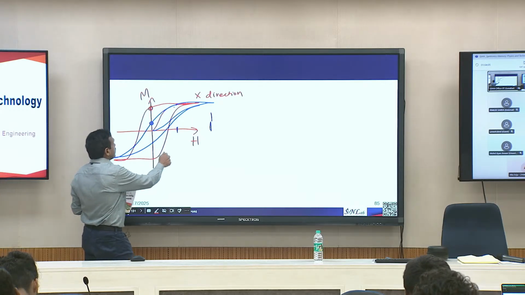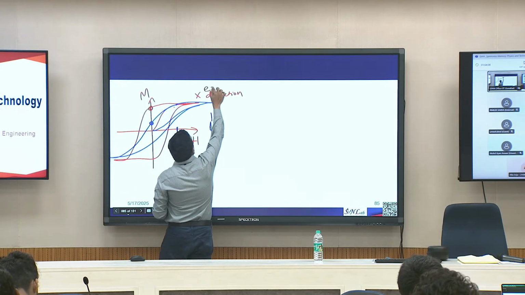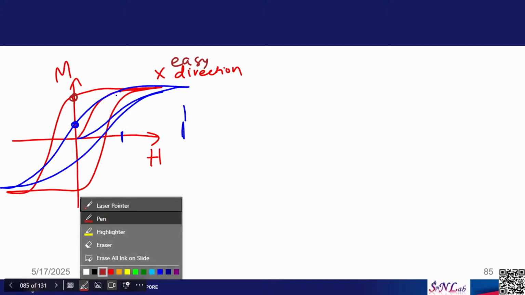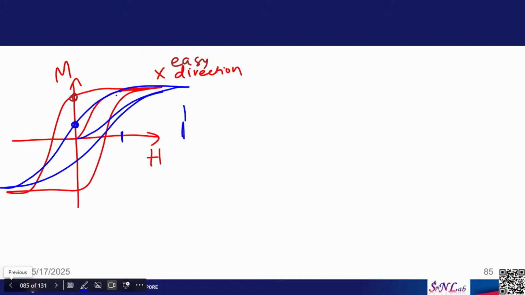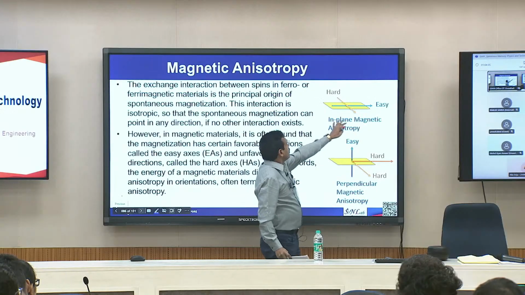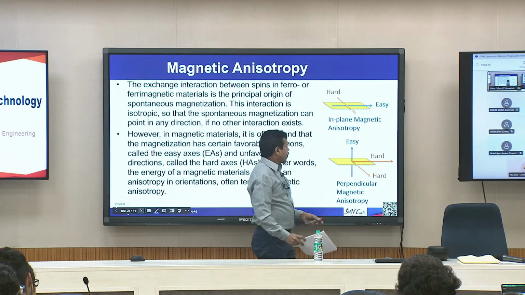So, the red is the easy direction and blue is the hard direction. Hard direction means you need more magnetic field to saturate. Easy direction means you need less magnetic field to saturate. Okay. So, you can see the differences in the property. So, this is happening within the plane. So, we call it in plane magnetic anisotropy.